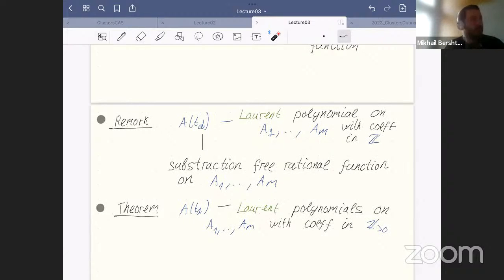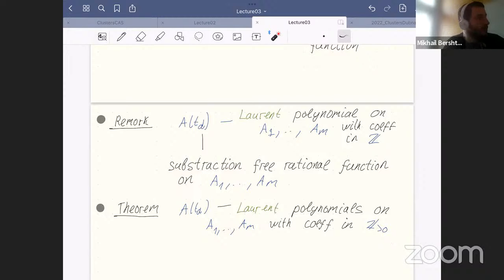As I tried to say a couple of times, in the origin of the cluster algebras there are two phenomena. One of them is Laurent, and another important property is positivity. Positivity is hidden.